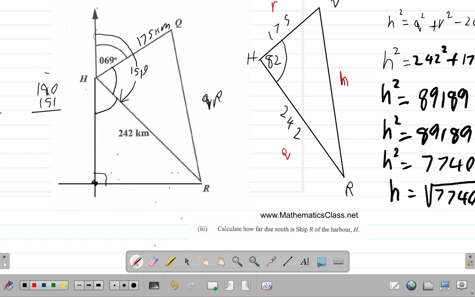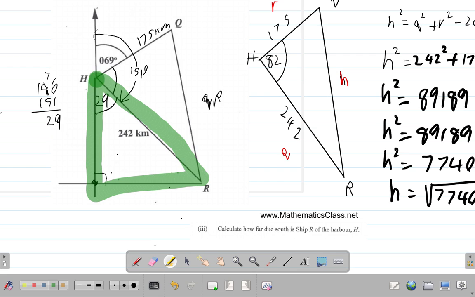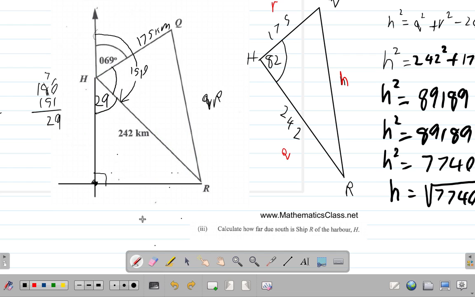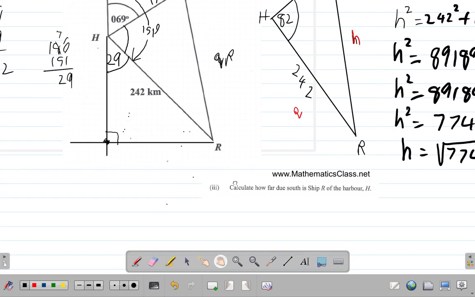Borrow 1 from 8, you get 7, and 9 gives 5, 6, 7... so this is 29 degrees. Since it's a right angle triangle, you can use the trig ratios.